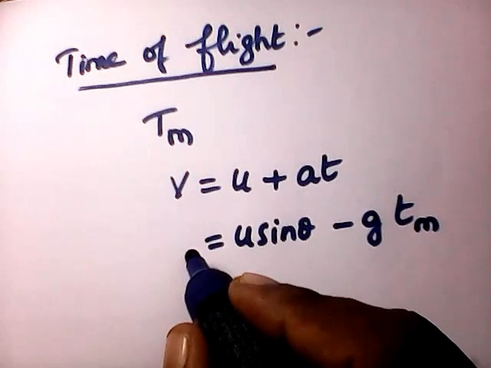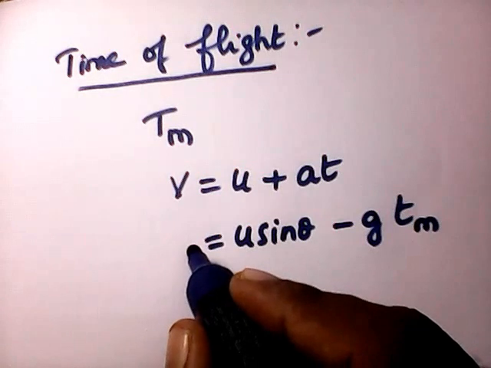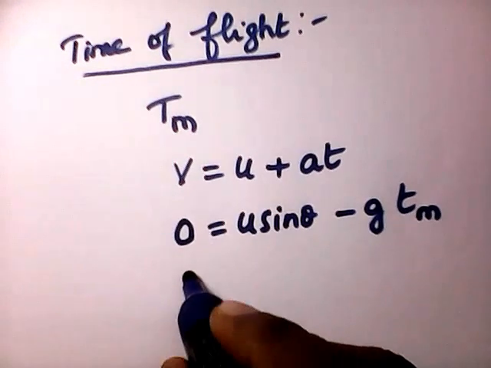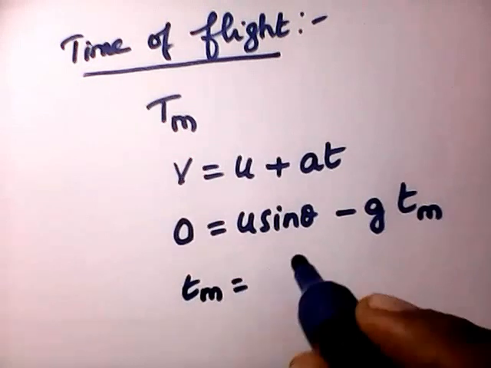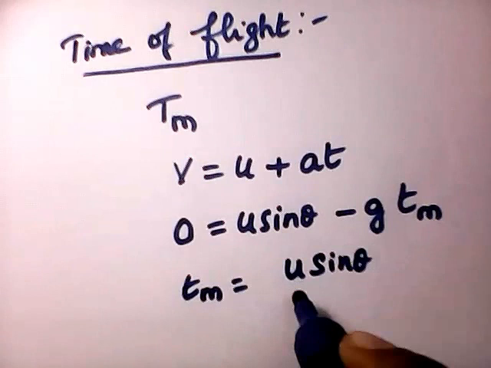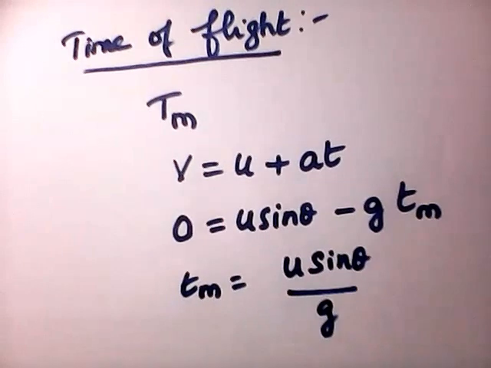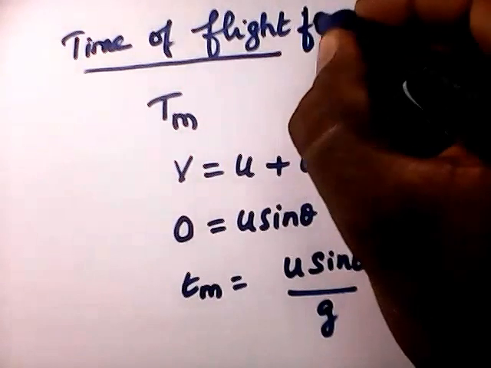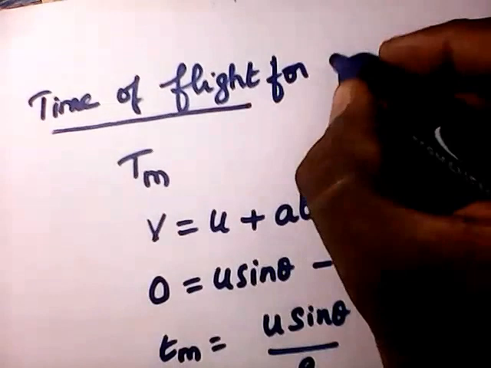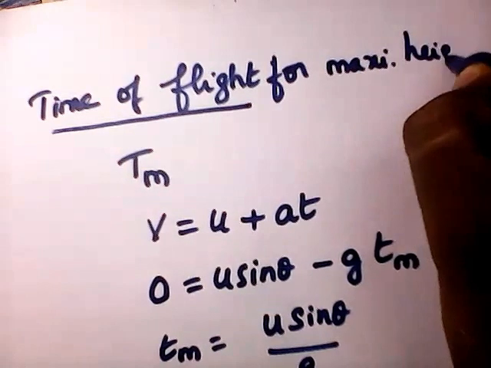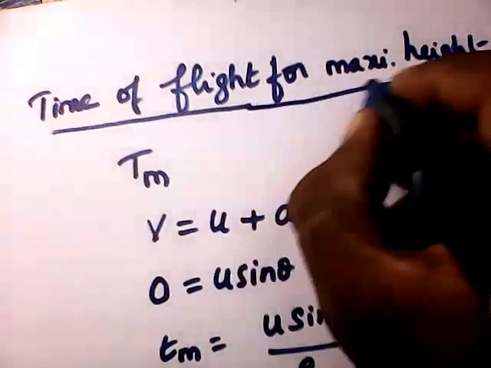When the body reaches the maximum height, the velocity v becomes 0. Therefore Tm is equal to u sin theta by g. This is the time of flight for maximum height.